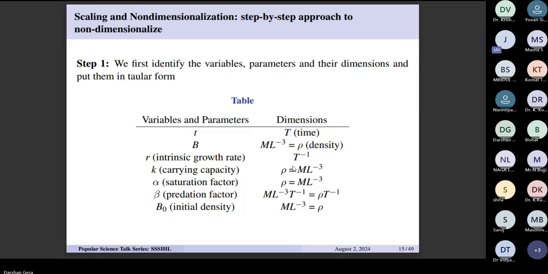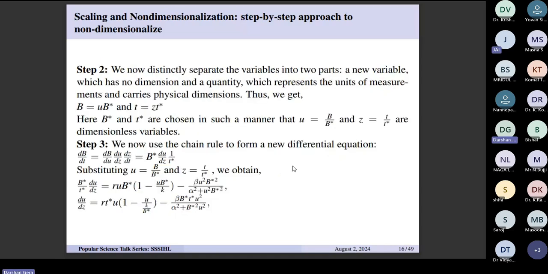So step 2, what will you do? We are going to use the scaling that I have already mentioned. We now separate the variables into two parts. How many variables does this differential equation have? There are 2 variables, B and t. t is the independent variable, B is the dependent variable.